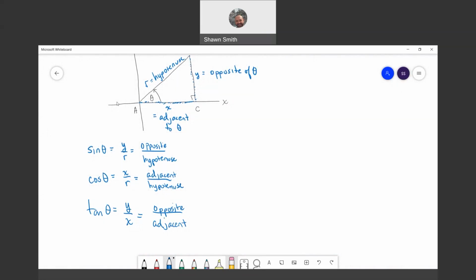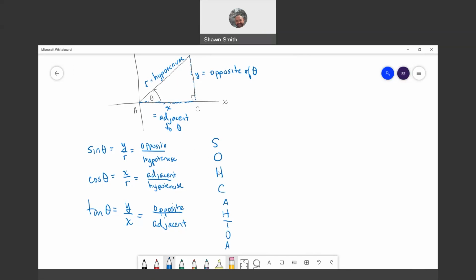You may have heard this mnemonic before. Take the first letters of all of these: S, O, H, C, A, H, T, O, A. SOHCAHTOA. May have heard that, may have not. Okay.